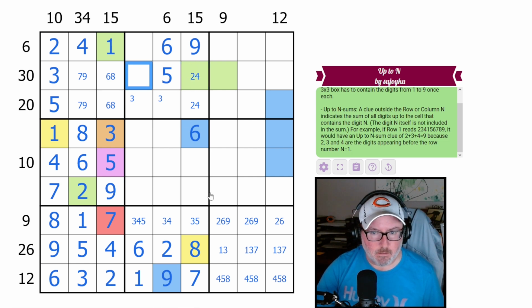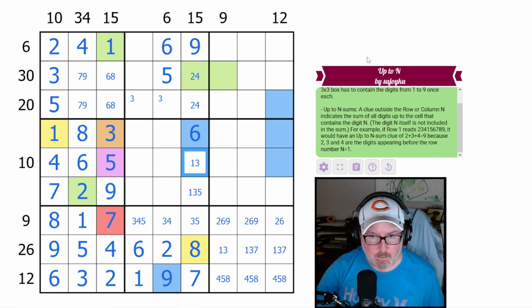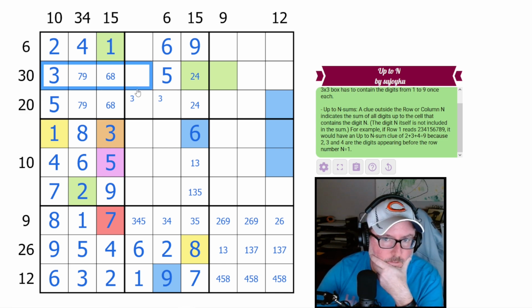Let's think about a little bit more Sudoku here for a second and come back to that. 1, 3, or 5. This is not 5. I was hoping one of these things would cross over on it, and it doesn't seem to do so.